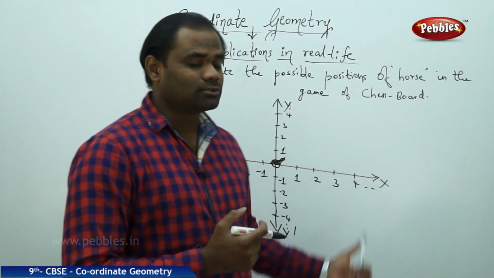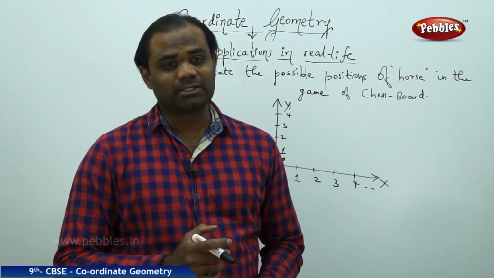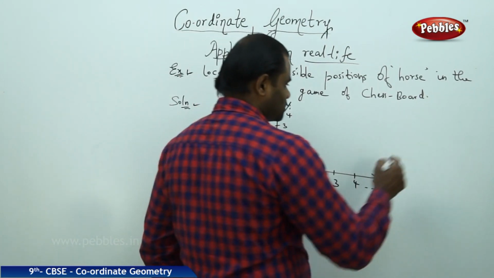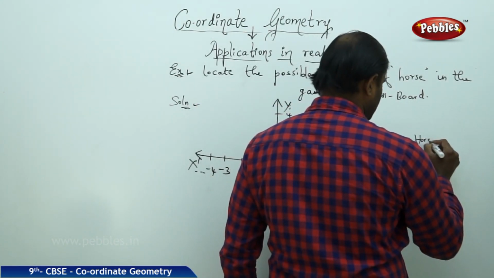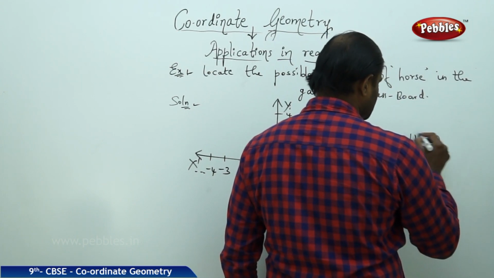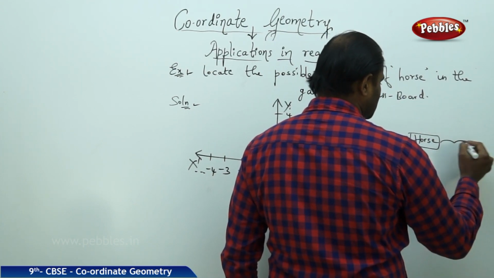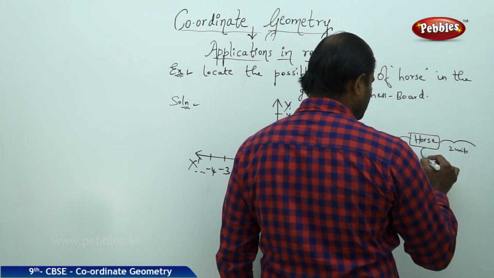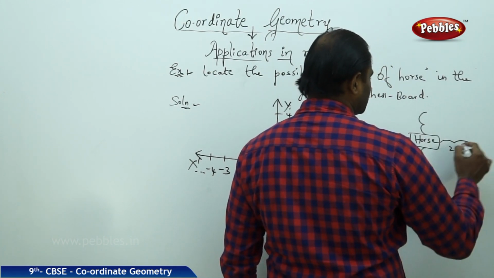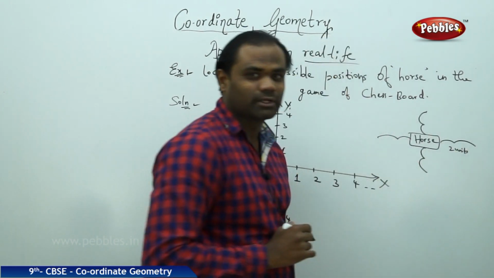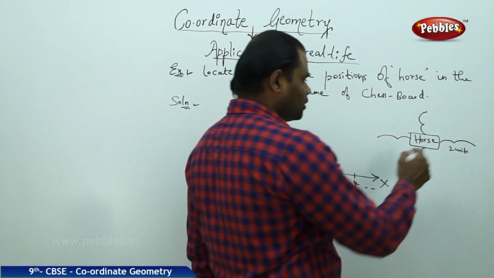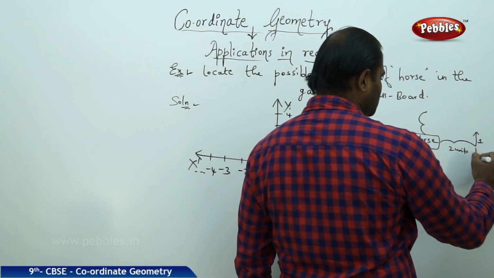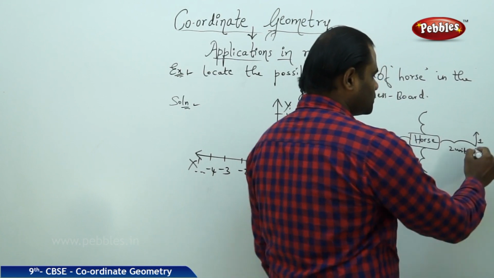Before we enter into solving this problem, let's try to understand the rule of the horse in the chessboard. We know that a horse in the chessboard moves with the rule: 2 units right or 2 units left or 2 units down or 2 units up, and then moves 1 unit next. So if the horse moves 2 units right, it can either move 1 unit up or 1 unit down.